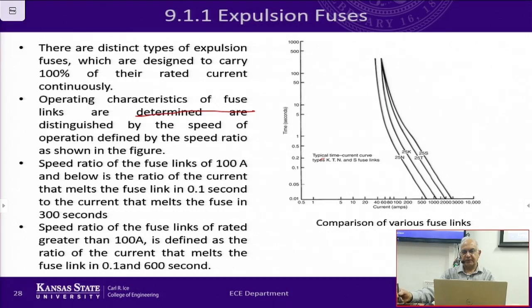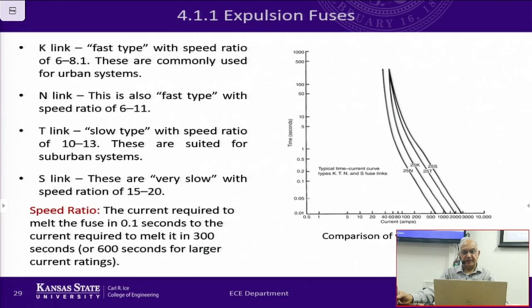And the thing to keep in mind is that there are different types of fuses and they will have different speed ratios. For example, in the next slide we see four different graphs. The K-link, which is right here in the middle, is the fast type with a speed ratio of 6 to 8.1, and these are commonly used in urban systems.